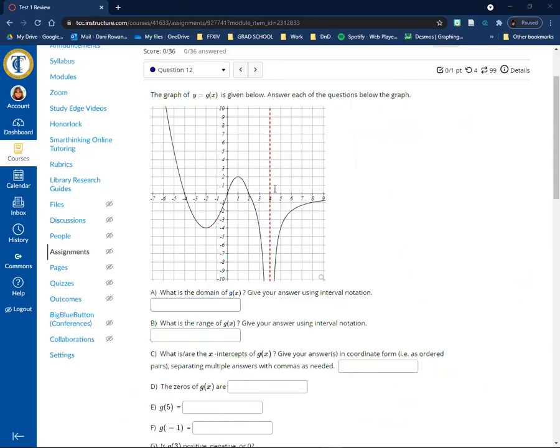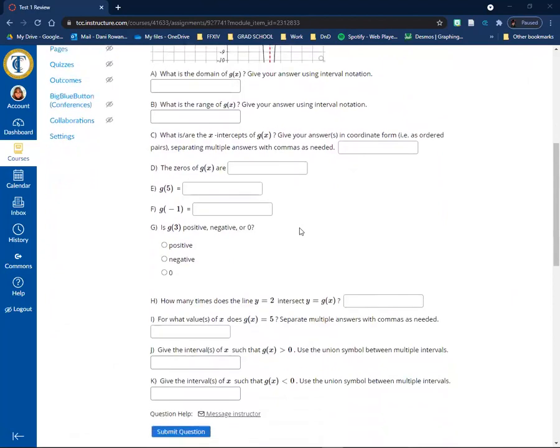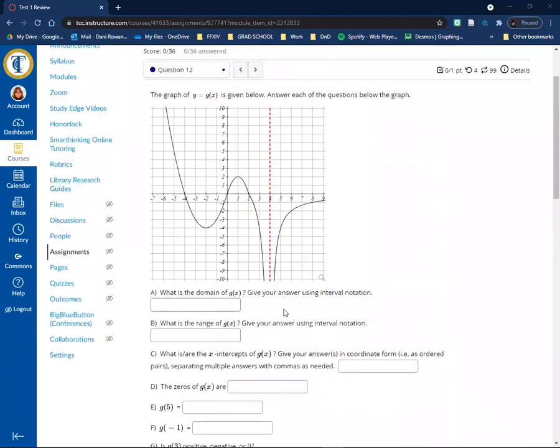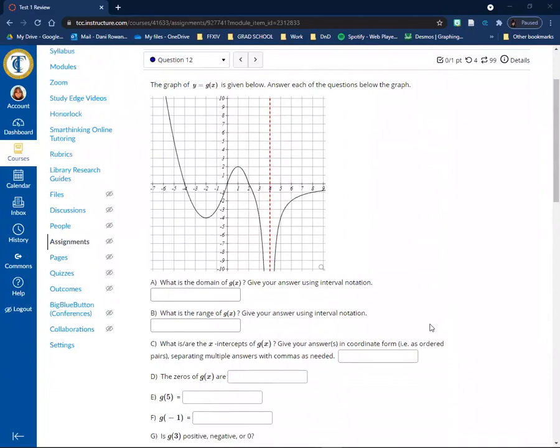All right, I have to clear that. So let me go ahead and scroll down a bit. This wants to know how many times the line y equals 2 intersects y equals g of x. What does y equals 2 look like? A horizontal line on 2. Yeah, a horizontal line on 2. So I'm going to do that.